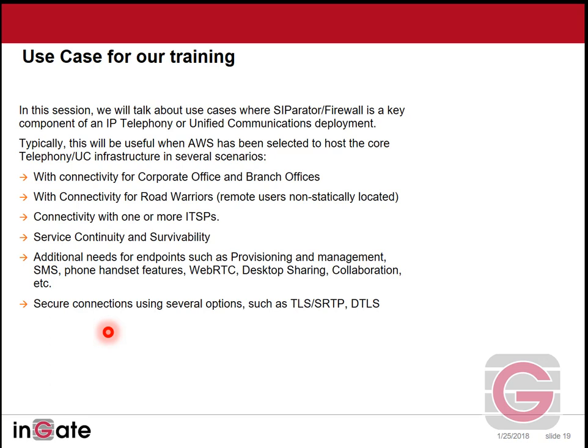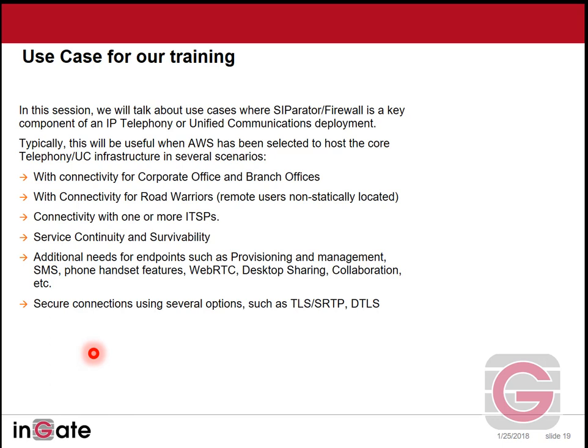There are additional needs for endpoints that are not SIP based, like provisioning using HTTPS, TFTP or FTP, other handset features, or even WebRTC clients. And also the need for secure connections.